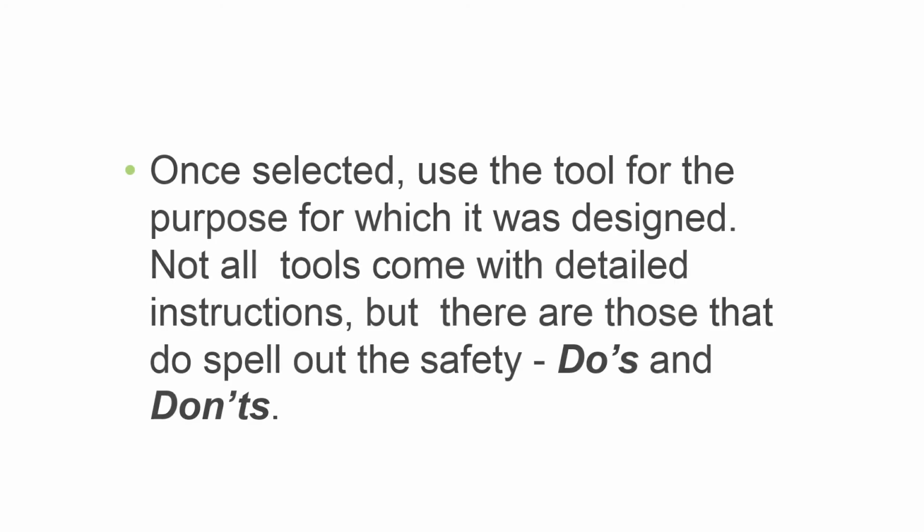Once selected, use the tool for the purpose for which it was designed. Not all tools come with detailed instructions, but there are those that do spell out the safety do's and don'ts. If there are setup or use options, operator judgment must always be based on what is the safest way to use the tool.